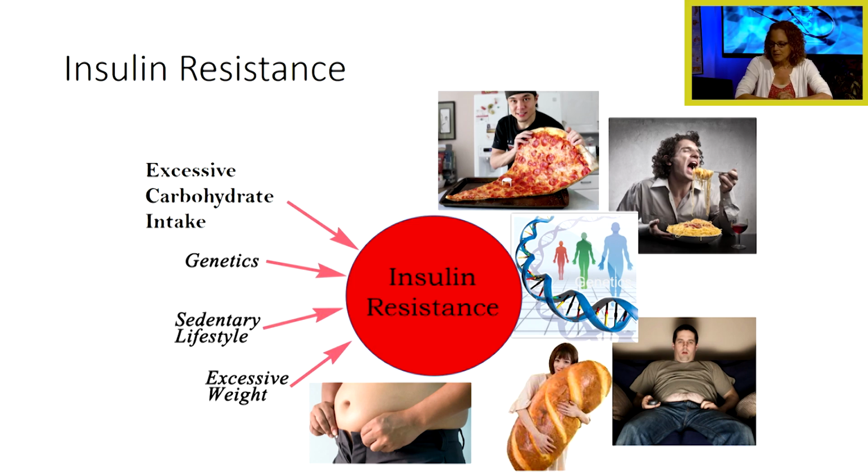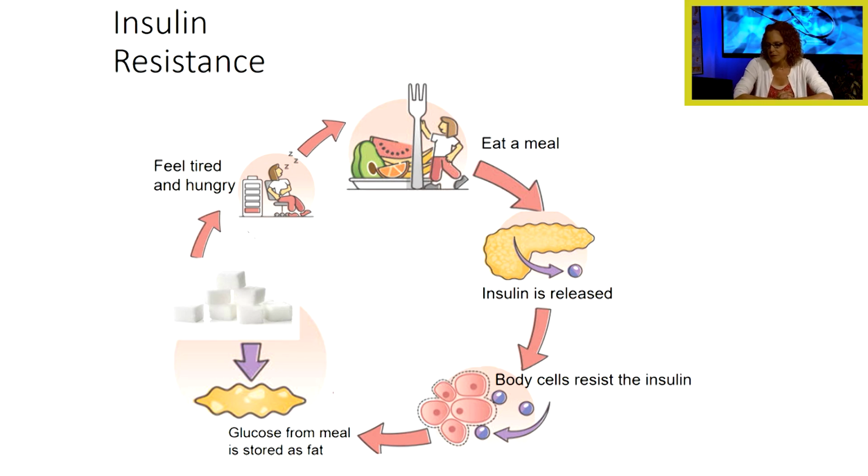And so what happens is when there's excessive carbohydrate intake, maybe a genetic predisposition, coupled with a sedentary lifestyle and weight gain, we see a phenomenon known as insulin resistance. And so what happens in insulin resistance is that you eat a meal, the insulin is released, our body cells are no longer as sensitive to the insulin, okay? They're kind of resistant to the insulin.